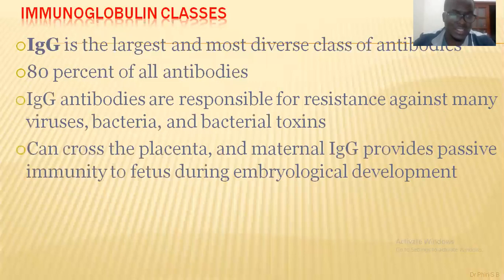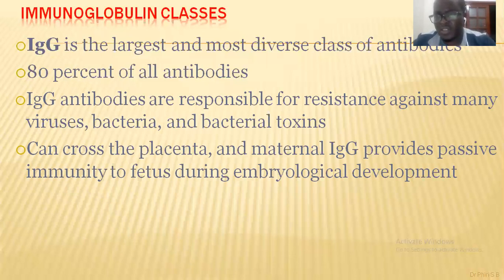So the IgG antibodies are responsible for resistance against many viruses, bacteria, and bacterial toxins, like I've already said. They can cross the placenta, and maternal IgG provides passive immunity to the fetus during embryological development.